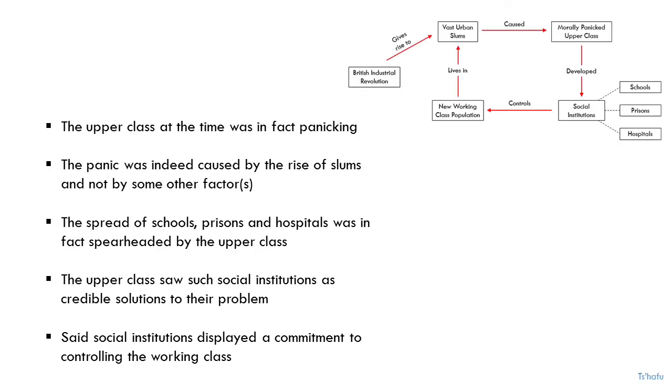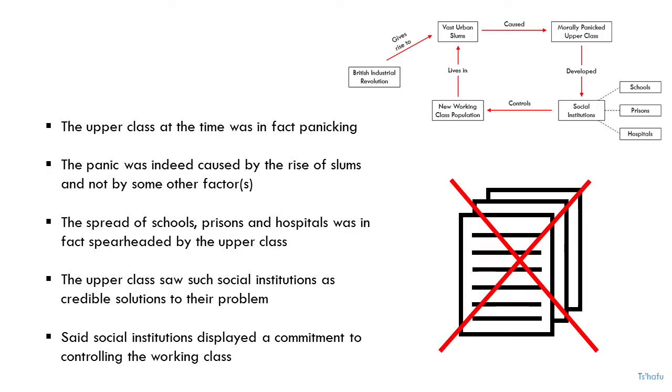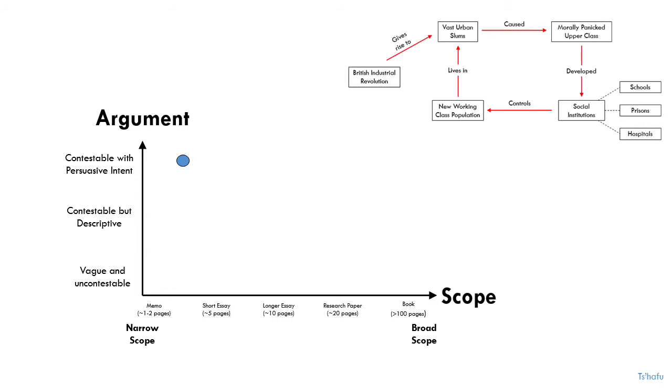So here we can see that in order to do justice to this thesis, there's a lot of things that the author actually has to be able to prove. A lot of things. And hence, 3 pages is not enough. It's impossible to do all of this in 3 pages. So we can see that where the circle is currently located is not appropriate.